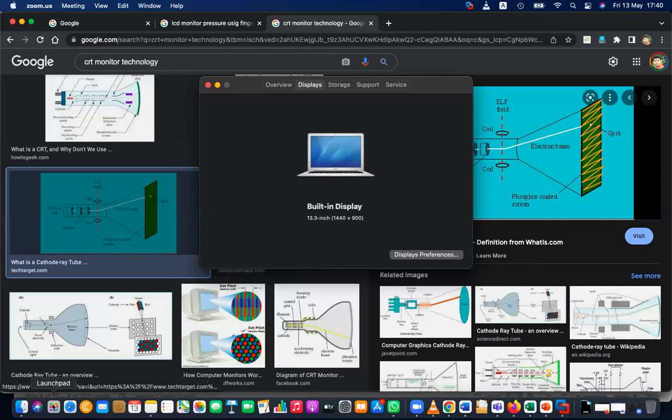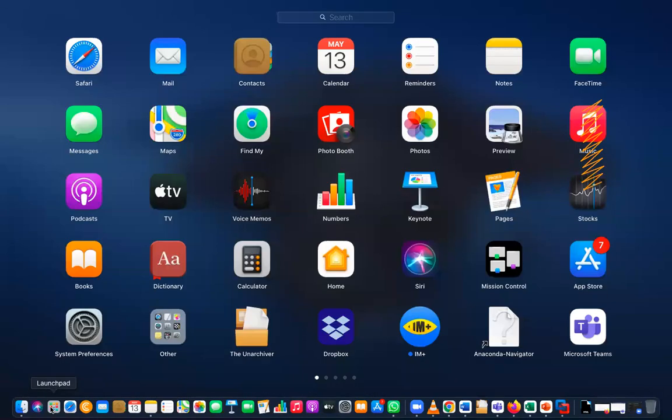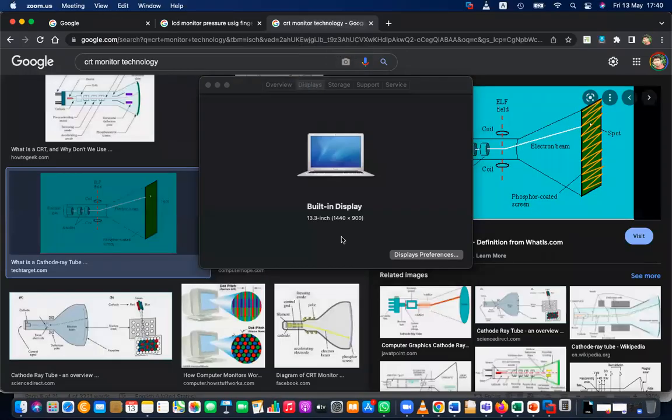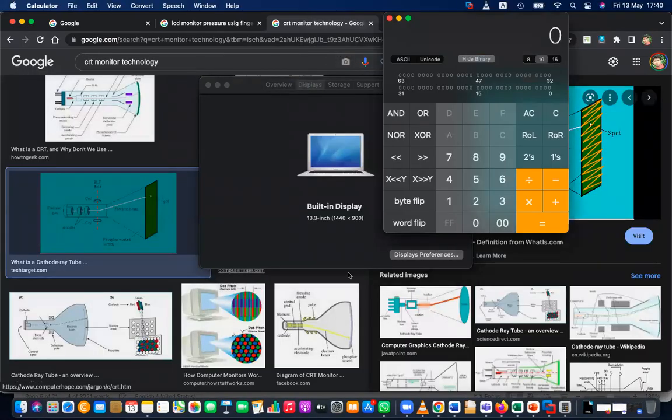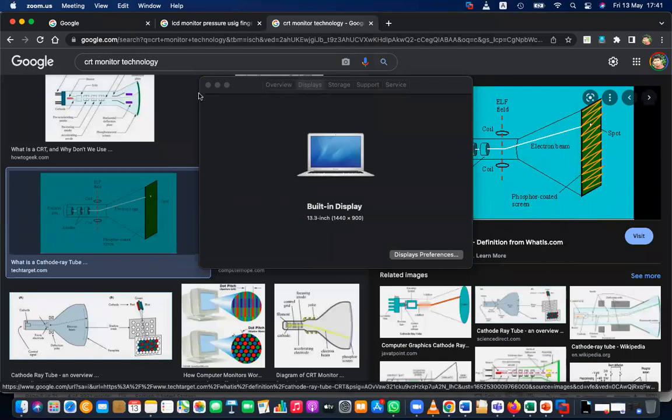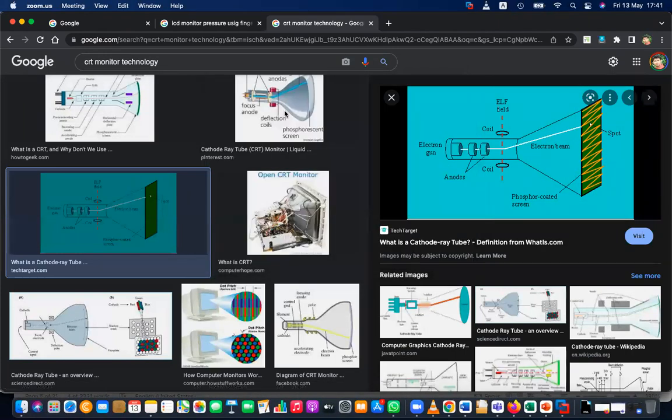If I calculate, it is about 1.2 million, closer to 1.3 million pixels. So this number of pixels are there in the screen. In your case, it may vary.